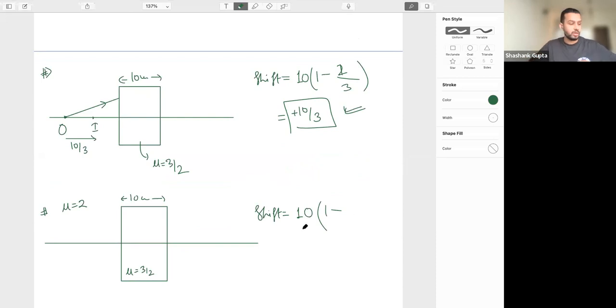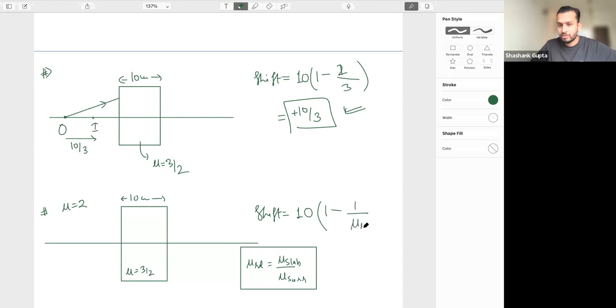What is mu here now? It is mu relative, which is mu of slab divided by mu of surrounding. Remember this, and write it in your class notes if not written. Mu of slab divided by mu of surrounding. So this is mu relative, and I'm saying 1 by mu relative.